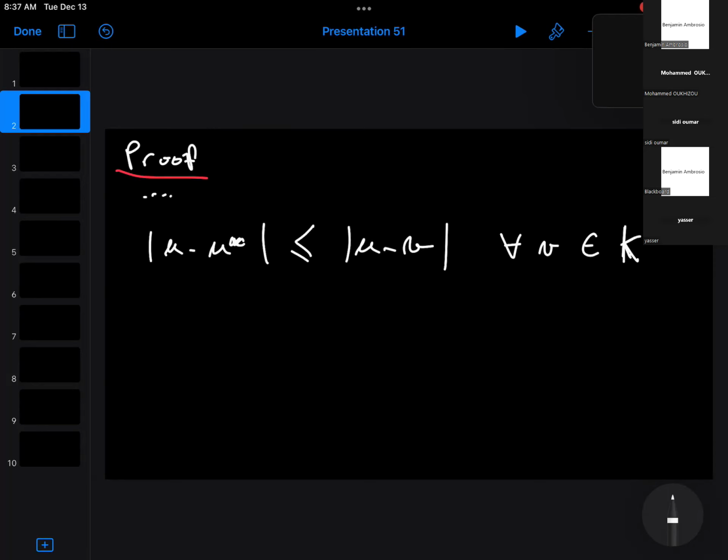Okay, so what I'm going to introduce here, I will use the fact that my K is convex.